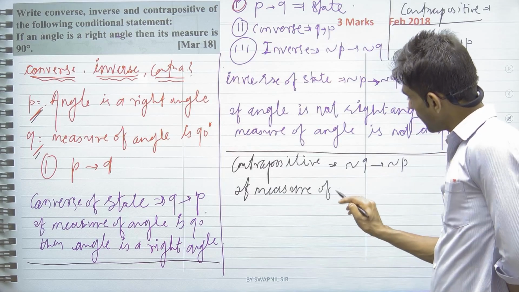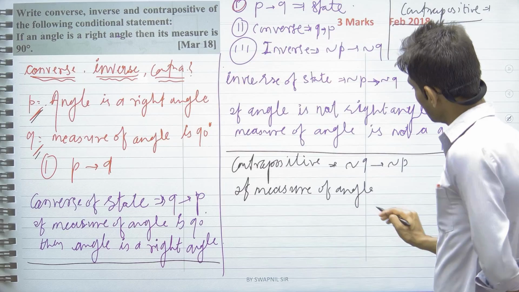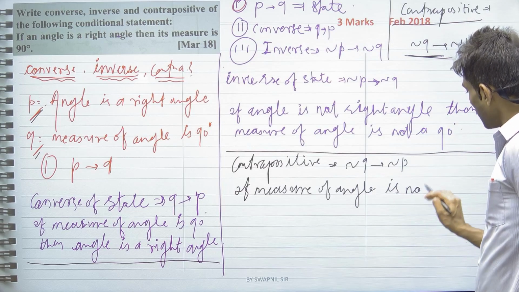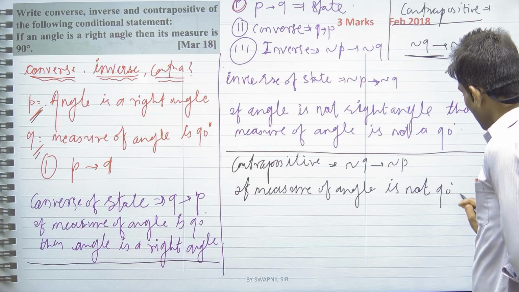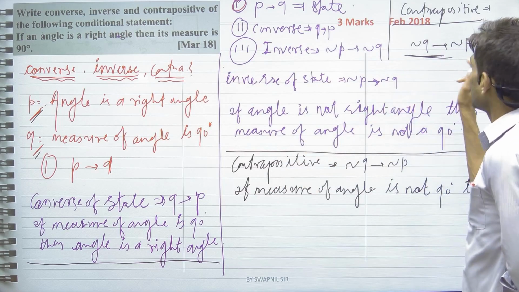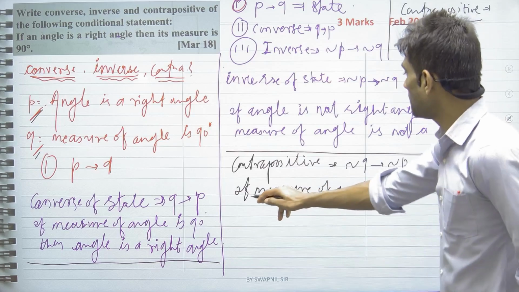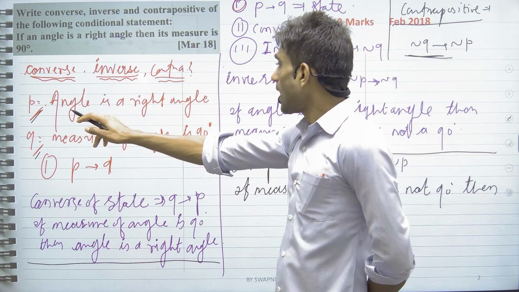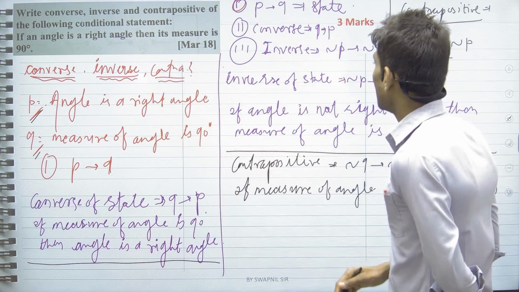if the measure of angle is not 90 degrees, then, since the first statement is negative, the second statement is also negative. So if the measure of angle is not 90 degrees, then angle is not a right angle.